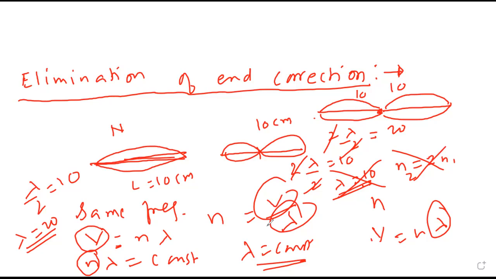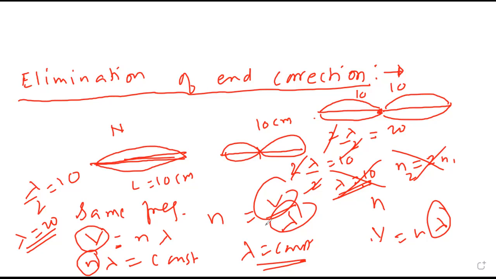When resonance occurs, one loop is formed at a certain length. So for resonance, if two loops are formed, what should be the length? Can I say double the original? That means if length becomes double, loop becomes double, then lambda will remain the same.